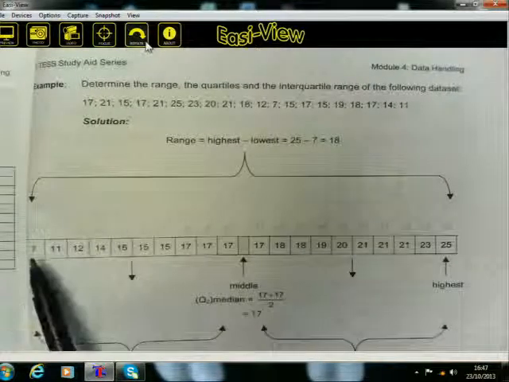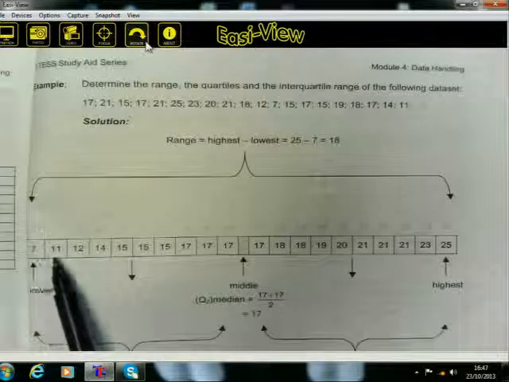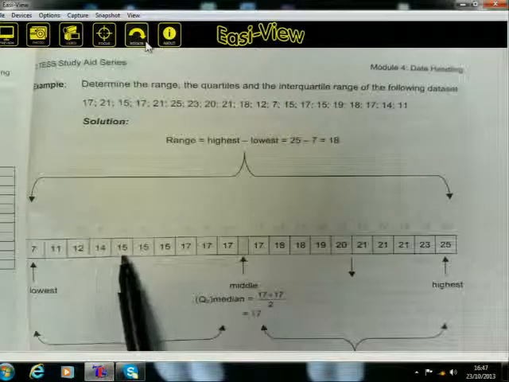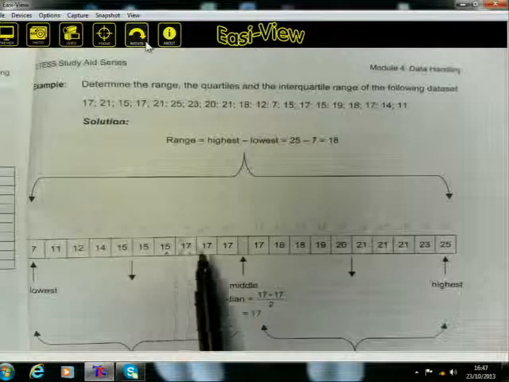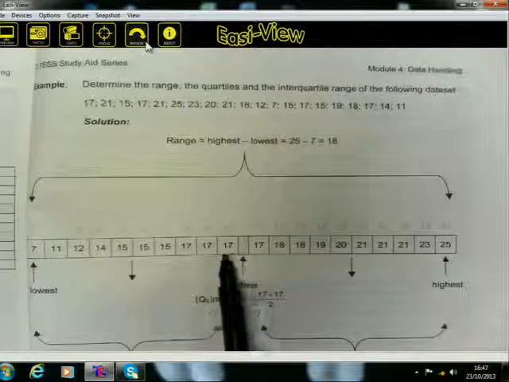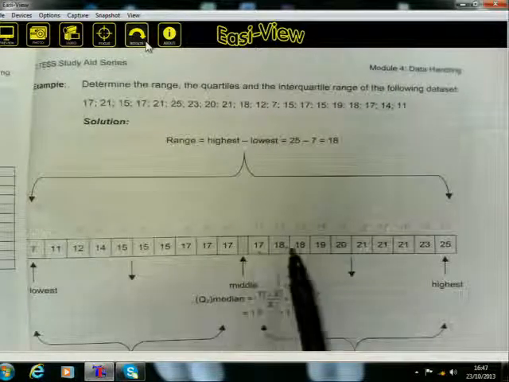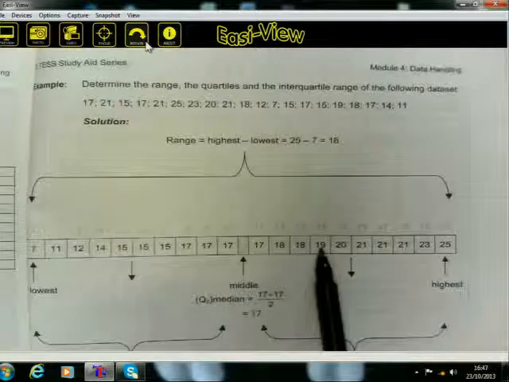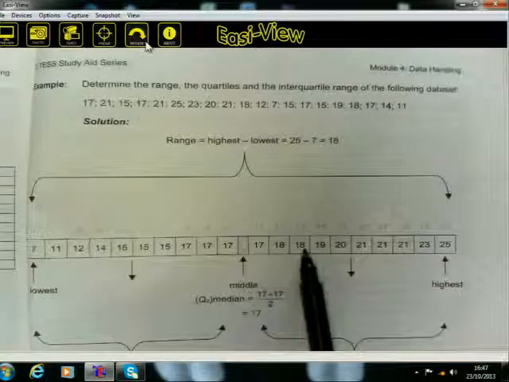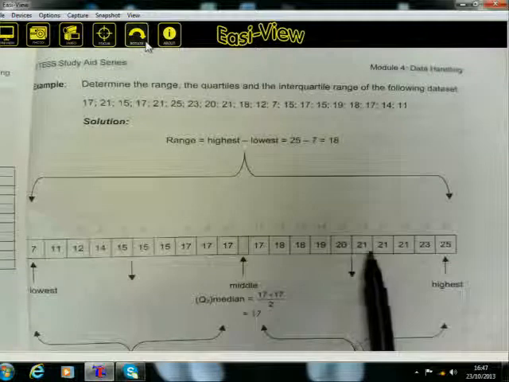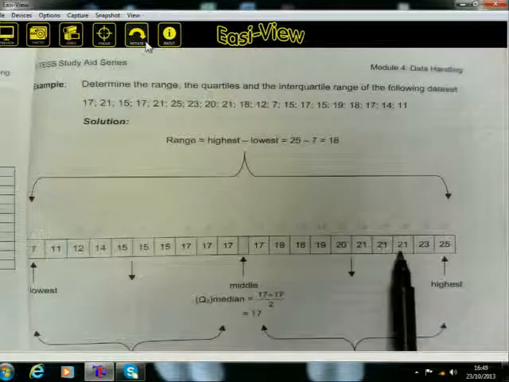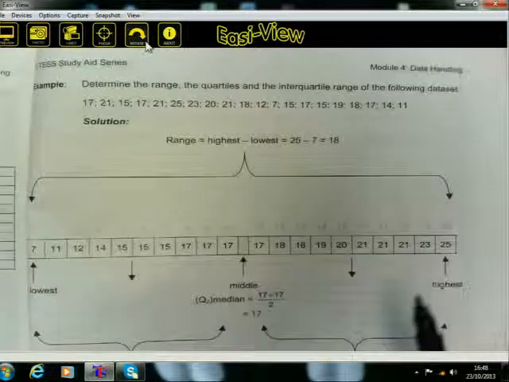We said the first number is 7, 11, 12, 14, 15, 15, 17, 17, 17, 17, 18, 18, 18, 18, 18, 19, 20, 21, 21, 21, 23, and 25.